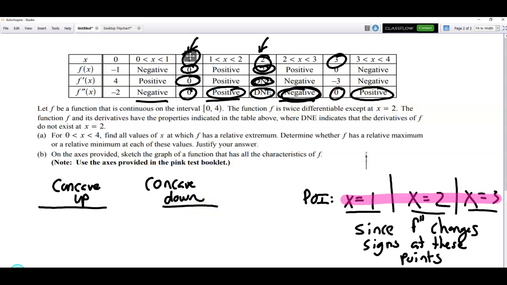Now that's going to be pretty simple because concave up happens anytime you have a positive second derivative. All right, so that would be, for instance, here. That's a positive, and that's a positive. So the intervals are from 1 to 2, and also from 3 to 4.